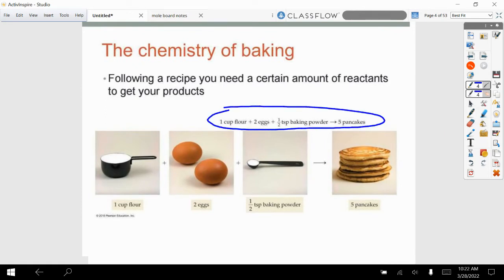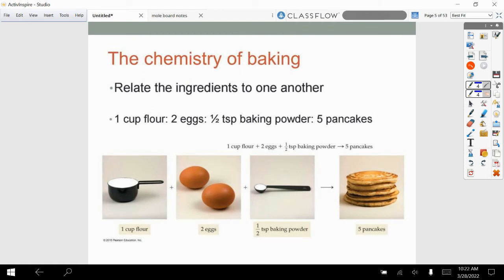So if these are our reactants, flour, eggs, and baking powder, how does that relate to the number of pancakes that we get? We could say for every 1 cup of flour, we have 2 eggs, we have half a teaspoon of baking powder, and we have 5 pancakes, which is how much would be produced. These would be our example of mole ratios whenever we're looking at baking.